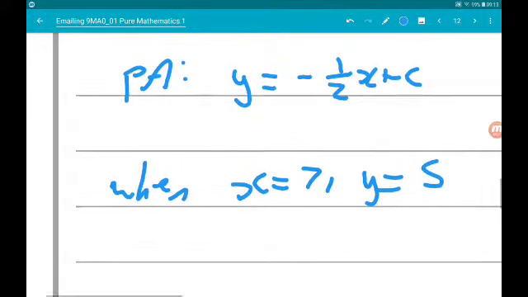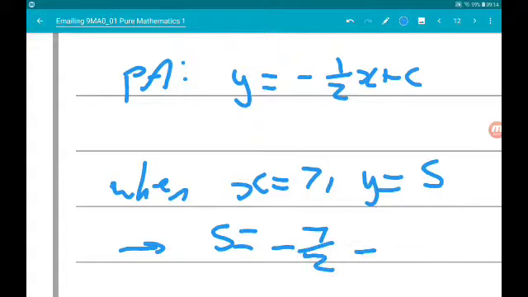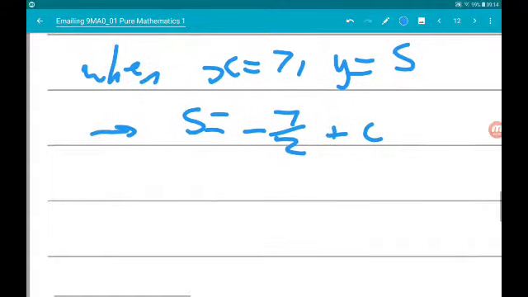So we get 5 is equal to minus 7/2 add c. 5 is 10/2, so if we add 7/2, we get 17/2 is equal to c.